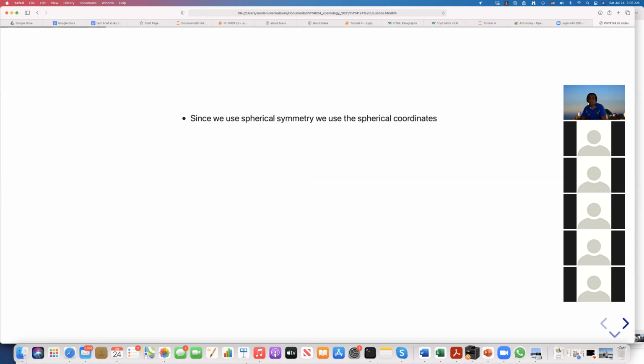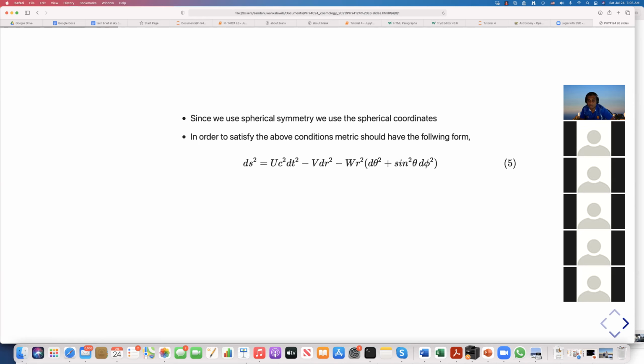Now, when we use spherical symmetry, we normally use spherical coordinates, right? So all of you know that. And this is why the metric is written in terms of r, theta, and phi coordinates and the time part. And so if we want to satisfy the above conditions that I have made, we have defined a metric that has the following form, right?